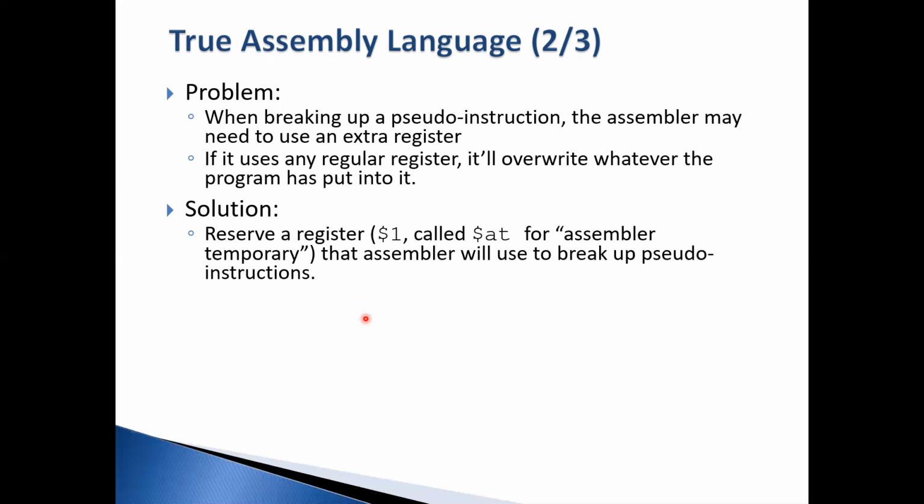That's why in the register convention I told you that you shouldn't use AT, or register 1, in your program, because it is reserved for the assembler to break down pseudo instructions. Otherwise, when the assembler breaks down a pseudo instruction, your AT will be overwritten. So make sure you don't use AT.